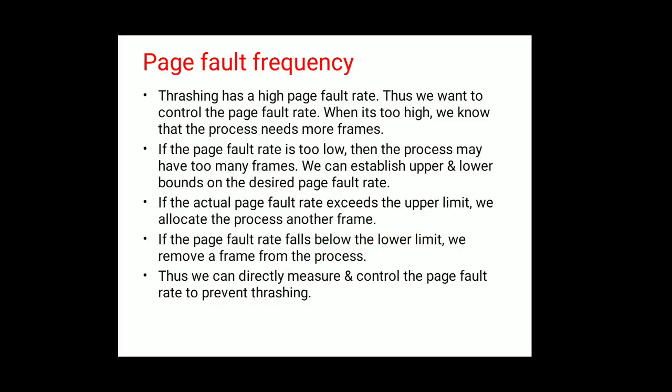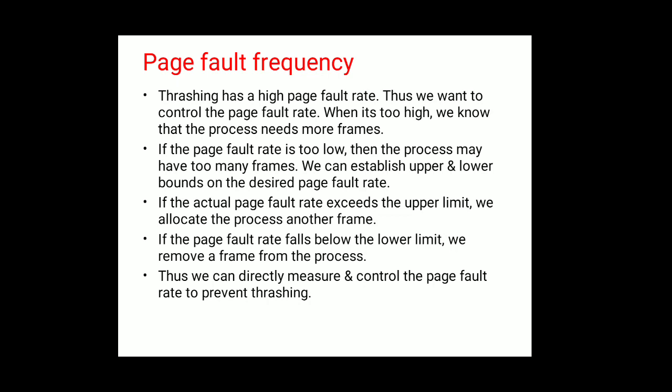Now coming to the last concept of this video, that is page fault frequency. Thrashing has a high page fault rate, and a process which has a high page fault rate needs more frames.